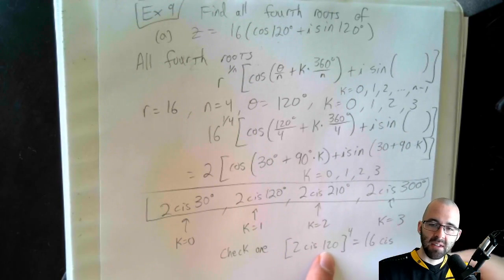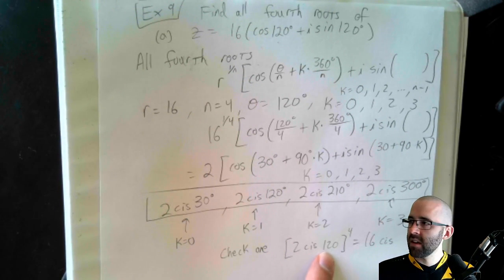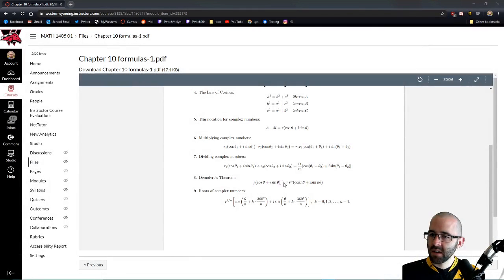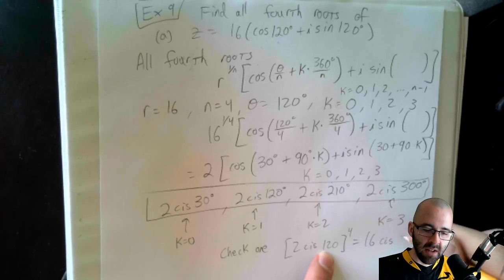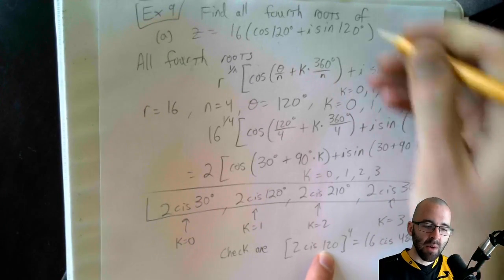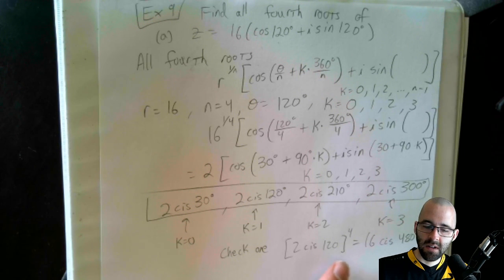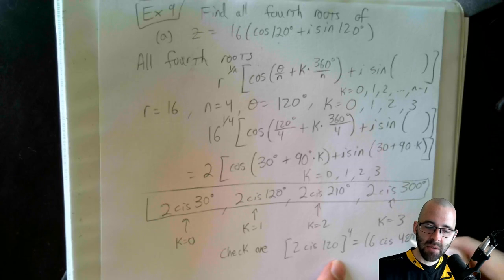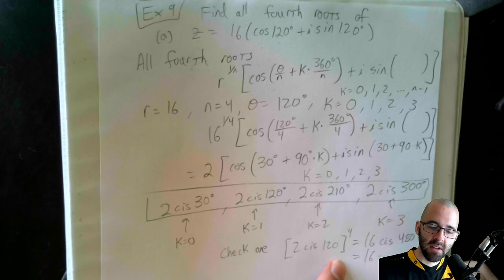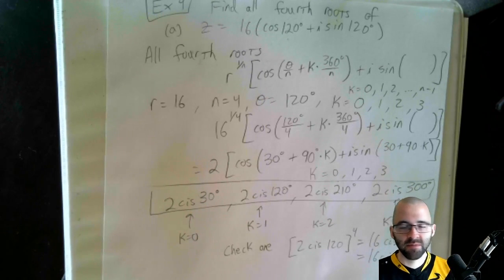We just multiply these according to the formula, right? De Moivre's theorem. Exponentiate the modulus and multiply the angle. That's 480 degrees. Is that what we started with? Well, just subtract 360. 16 cis 120 degrees.